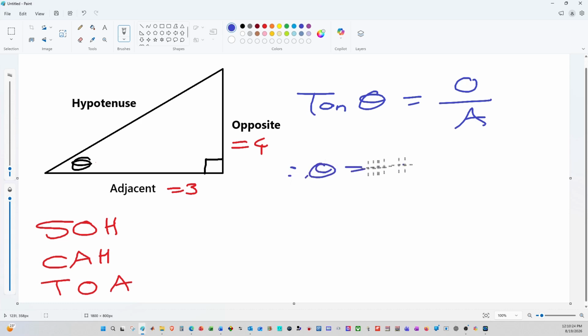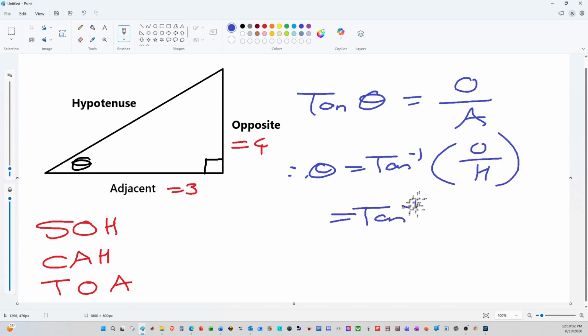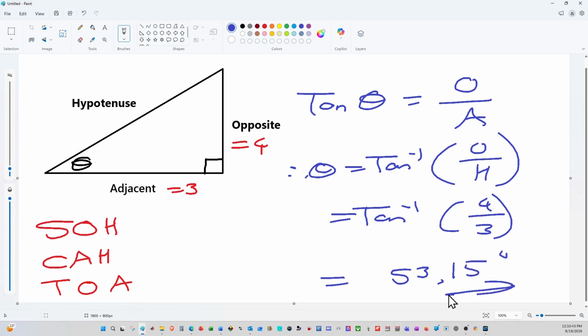Therefore, theta is going to be the arctan of the opposite over the adjacent, which is the arctan of 4 divided by 3, and that gives me an angle of 53.15 degrees. Once again, we've got exactly the same value.